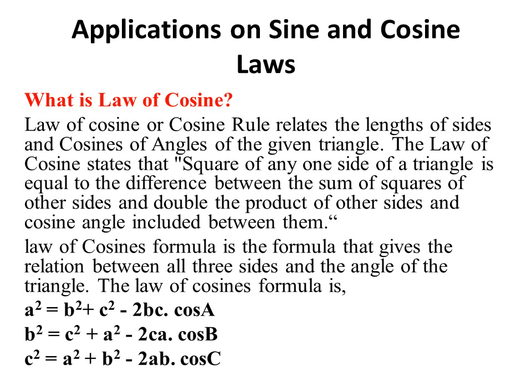The law of cosine states that the square of any one side of a triangle is equal to the difference between the sum of the squares of the other sides and double the product of the other sides and the cosine of the angle included between them.